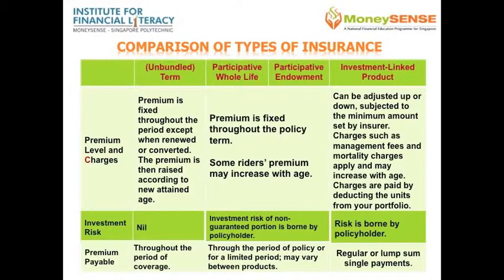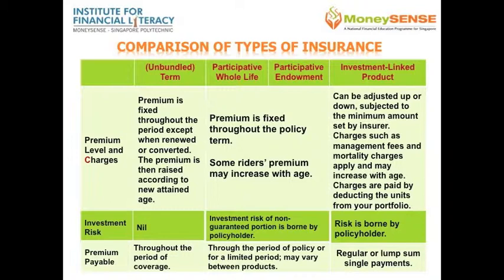For investment-linked plans, you may be allowed to adjust your premium. However, it is subject to a minimum amount set by the insurer. There will be other charges as well for investment-linked products, such as management fees. Mortality charges may also apply, and they may increase with age as well.